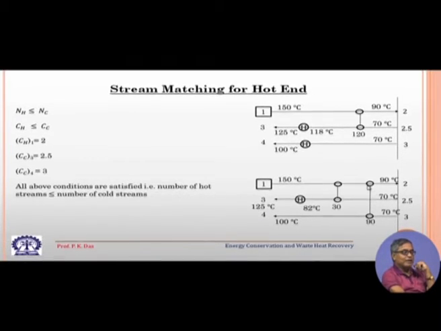Here also we get 1 heat exchanger, then second heat exchanger, third heat exchanger. So, 3 heat exchangers in both the cases, we get the same amount of hot utility to be used, but the advantage is that we are getting 2 solutions. So, 2 options are available to the designer or design engineer, and depending on plant requirement one can take any one of these options.